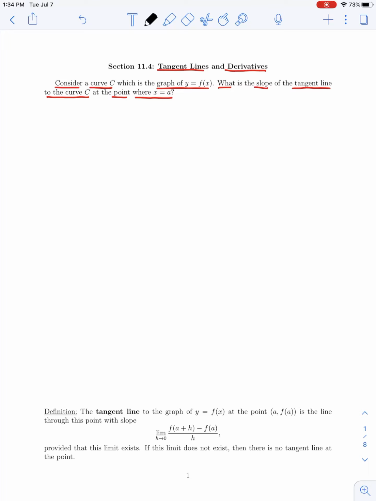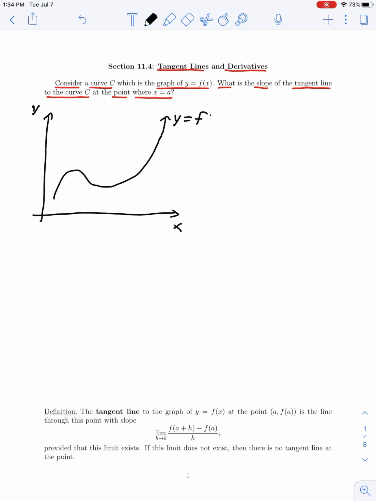So let's consider our problem geometrically here. Suppose that we have in the xy plane the graph of some nice smooth continuous function, say y equals f of x. This is defining our curve C in the xy plane.